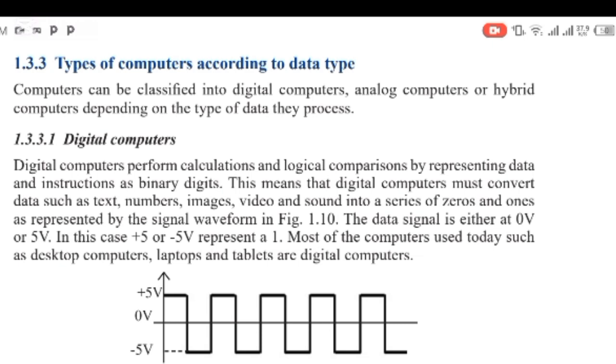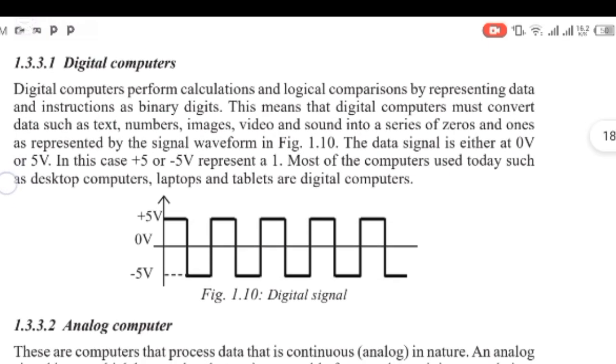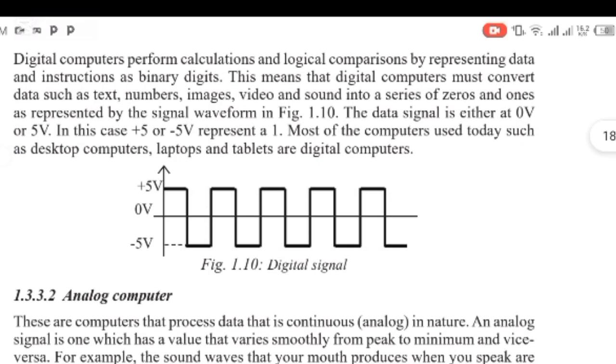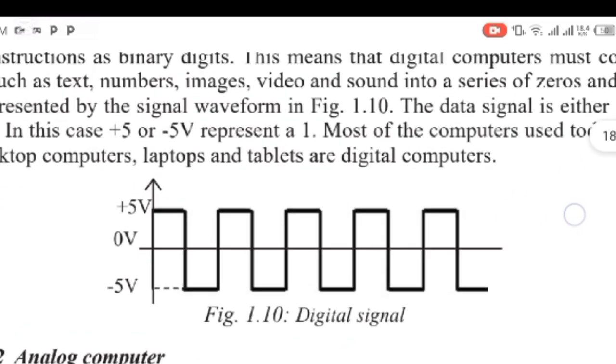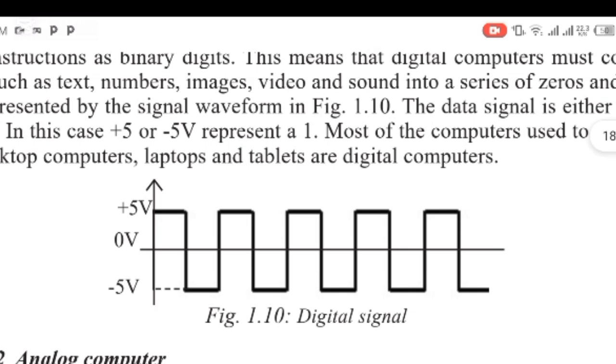This means that the digital computer must convert data such as text, numbers, images, video, and sound into a series of zeros and ones, as represented by a sine waveform. Here is an example of how it converts data into waves, zeros and ones. Explore this shape. I think you see it. This is how it converts data into zeros and ones.